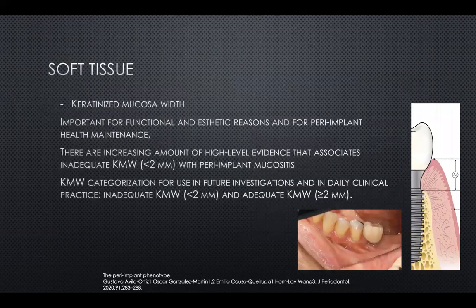First is the keratinized mucosal width, which is the distance from the free gingival margin to the mucogingival junction. So this vertical distance from here to here. And this is important for the functional and aesthetic maintenance of the implant and the implant restoration.